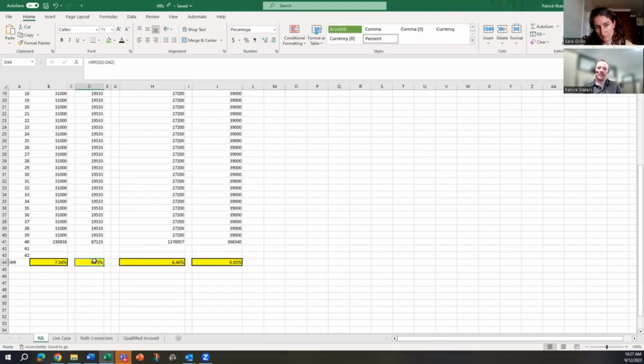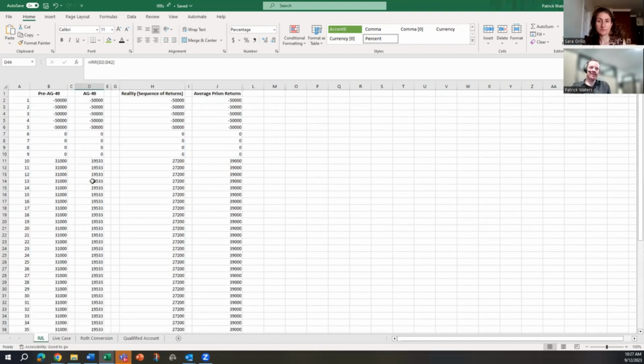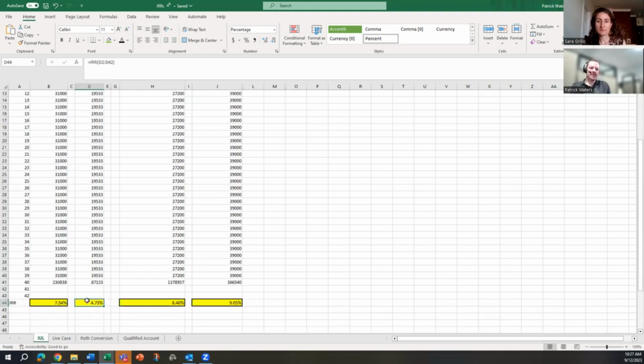And it comes out to 4.73. Obviously, a 4.73 rate of return is significantly less attractive than the 7.5. And if you're using this, this is the number that you would get on an illustration if you clicked the button that said include your IRR report. This is significantly less attractive than the 7.54.